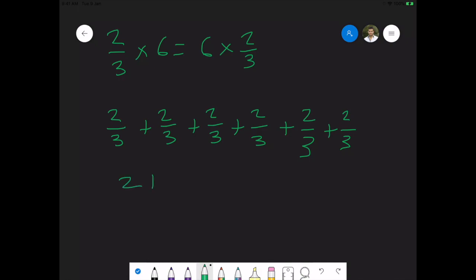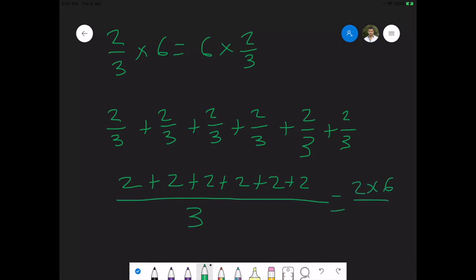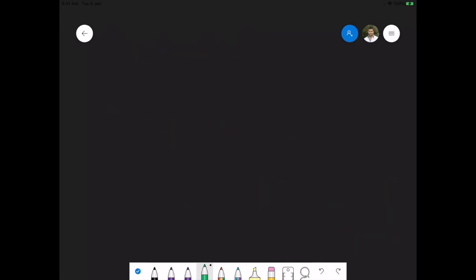Essentially, we have 2/3 repeated 6 times. I can rewrite my equation like this as well. As you see, I have 2/3 repeated 6 times, which can also be written like this. And I know 2 times 6 is 12/3. I get to the same answer as before, which is 4.